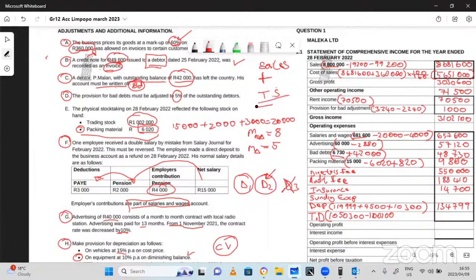So if the sales are affected positively, the trading stock is affected negatively. The same way, but remember the jigsaw puzzle: you don't record the trading stock at selling price, you record them at cost price.